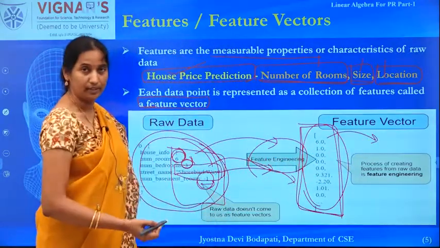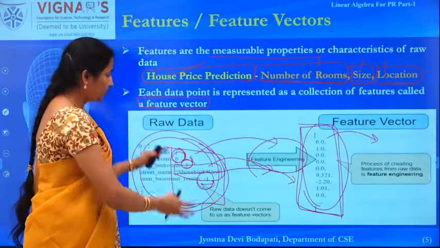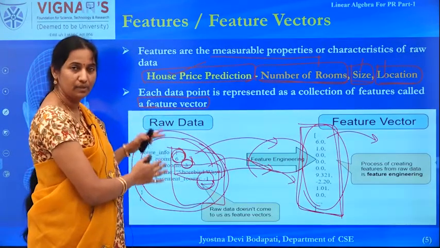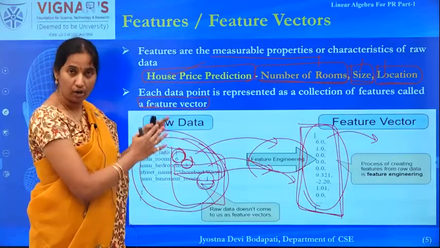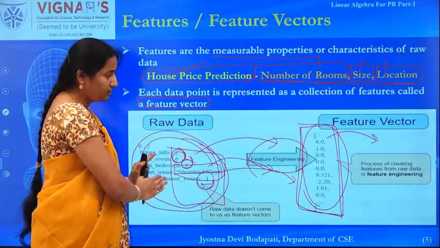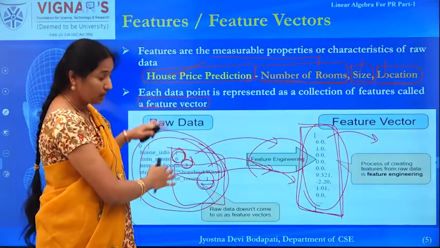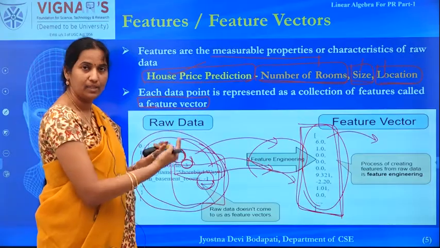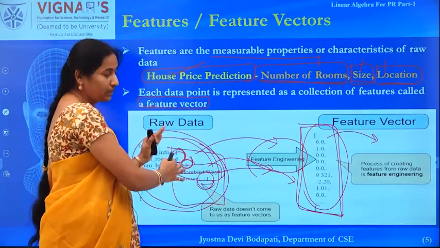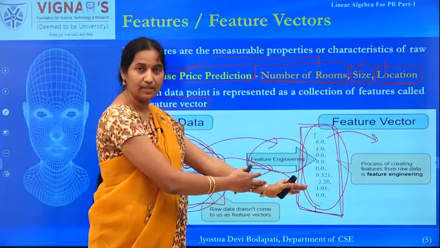So, the takeaway here is, given the raw data, which you collect from the real world, that data is called raw data, and it has to be converted to a numerical representation, whatever the type of data you are collecting. Let it be speech, image or text, you need to convert that to a numerical representation.